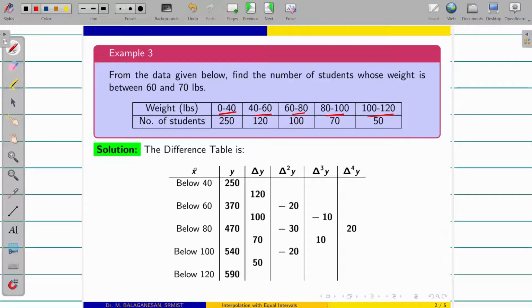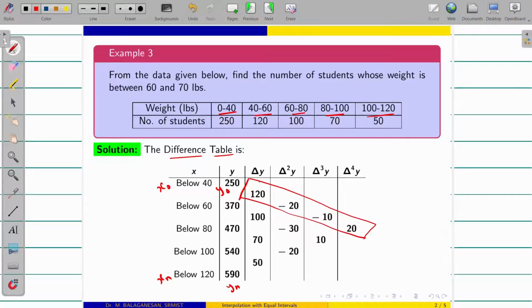Thereafter everything will be the same. The first X value is X naught, the last value is Xn, the first Y value is Y naught, the last Y value is Yn. Thereafter, to find the values, we can take the first difference, second difference, third difference, and so on from the difference table.